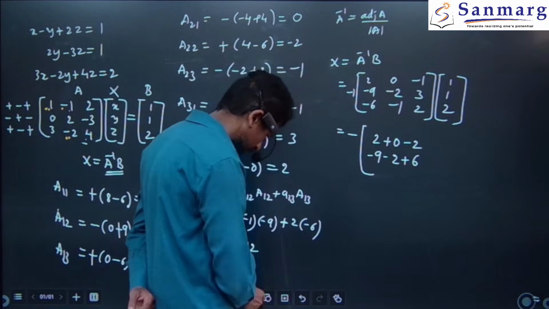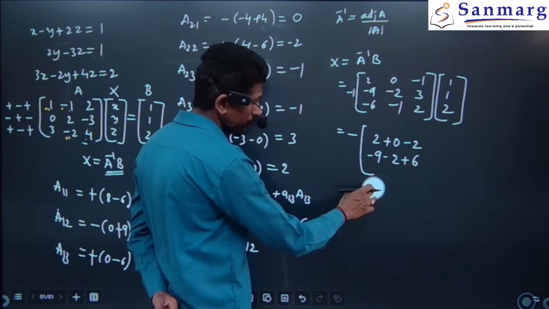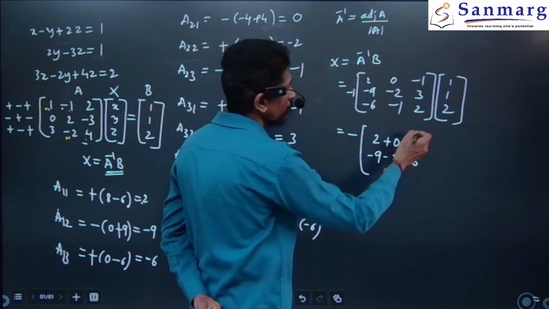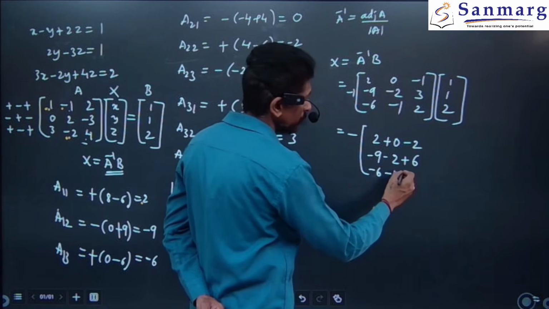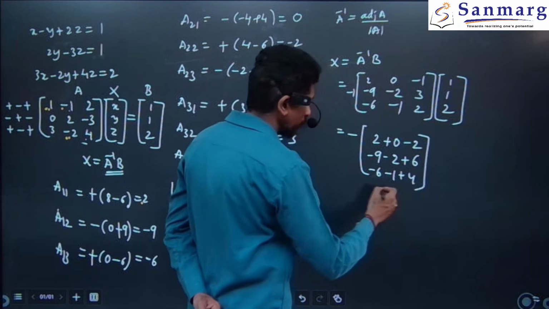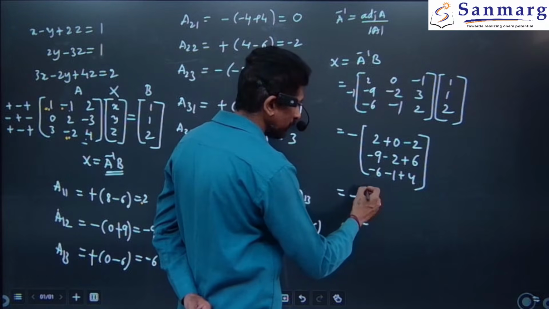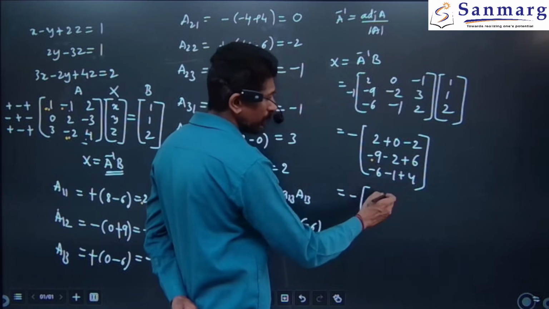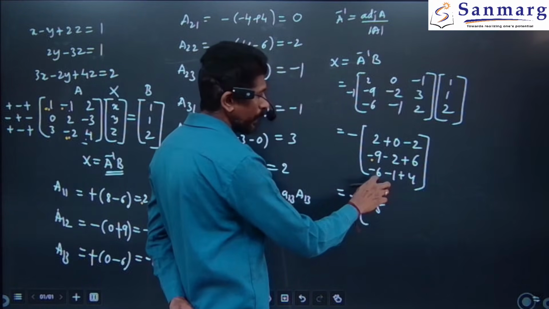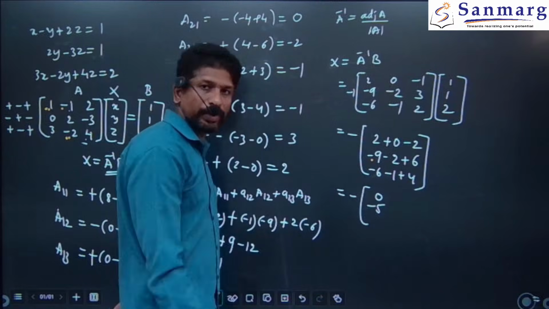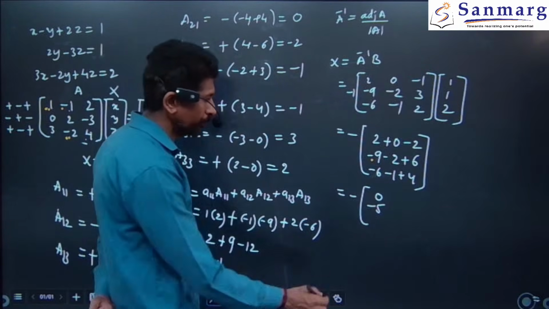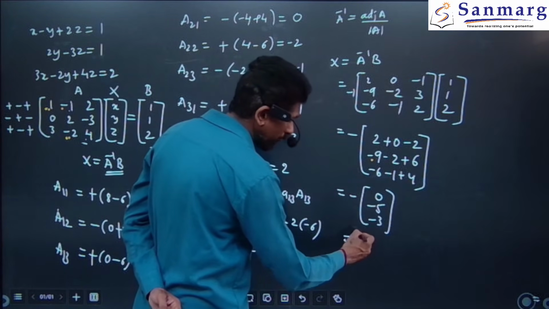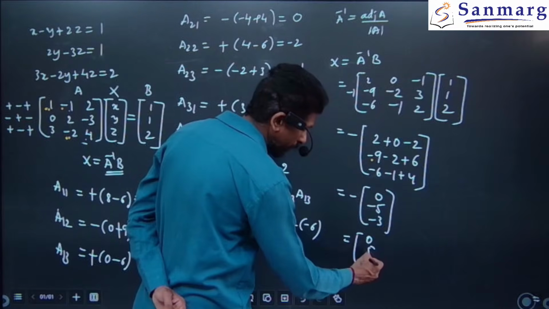The third one, third row first column: minus 6, minus 1, plus 4. Automatically the answer, minus as it is: 2 minus 2 is 0. Minus 11 plus 6 becomes minus 5. Next, minus 7 plus 4 becomes minus 3. So when you multiply by minus, automatically that comes 0, 5, 3.